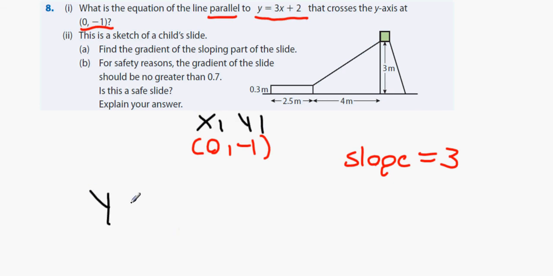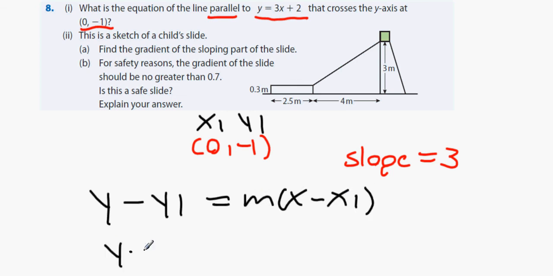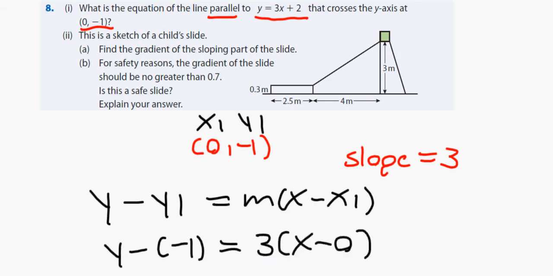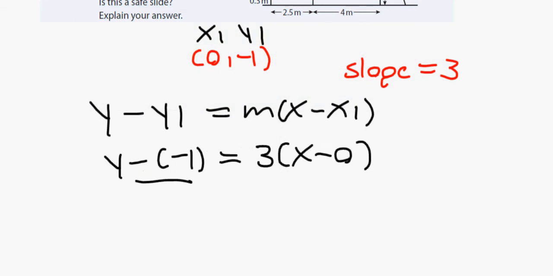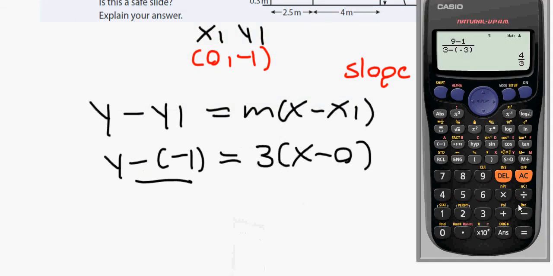Then we just put in the equation of a line formula, which is this here. Then all we have to do is y minus minus 1 equals 3 into x minus 0. I'll multiply these out. If you aren't sure about this, minus a minus 1 is plus 1, right?